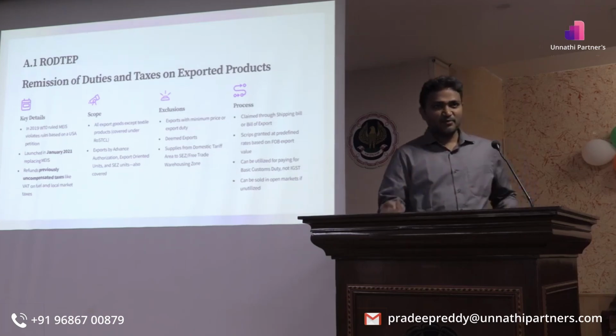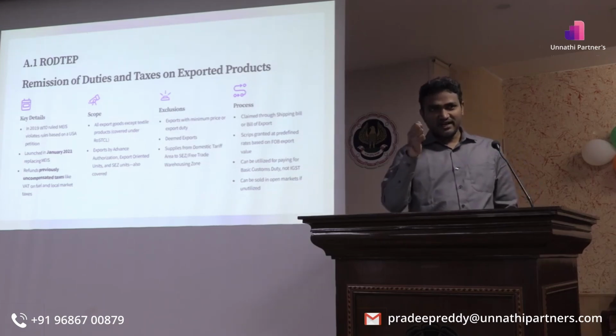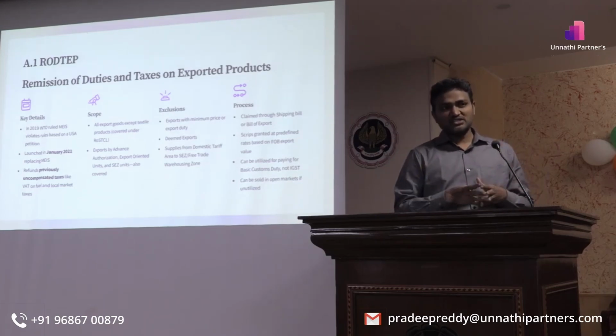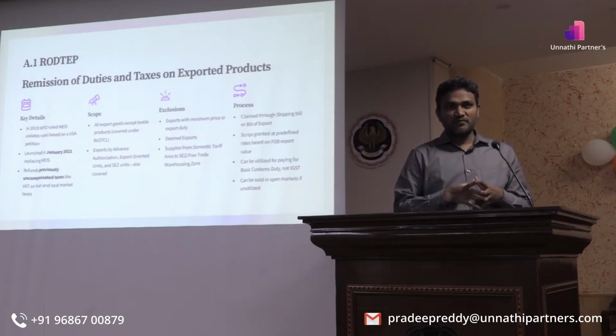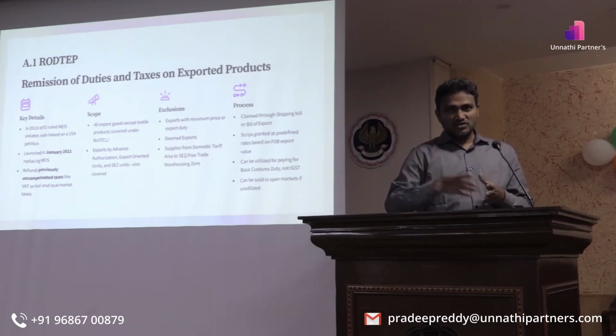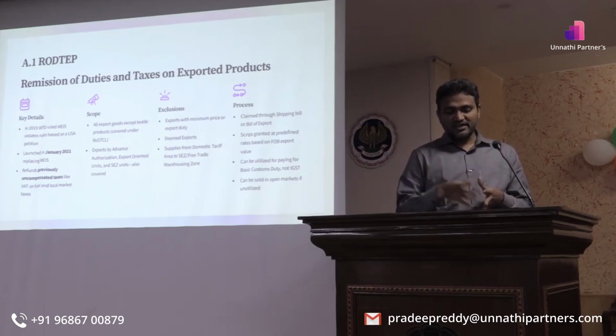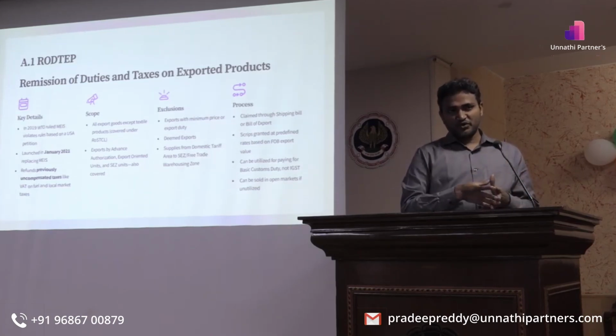However, that was litigated by the US in the WTO, World Trade Organization. Since India is a signatory to the WTO, it has to follow the rules prescribed by the WTO. If somebody doesn't follow them, any member country can complain against that country. The case in point is MEIS, the scheme which existed prior to 2021.